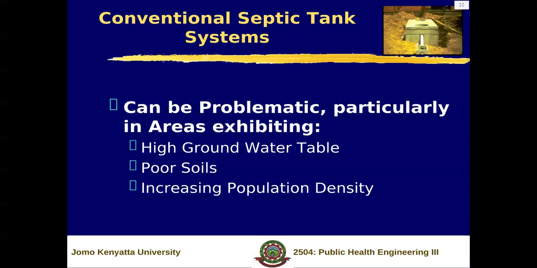So these are three areas that are particularly problematic when it comes to on-site wastewater treatment: where the groundwater table is high, where the soils are poor, or where the population density is increasingly high.